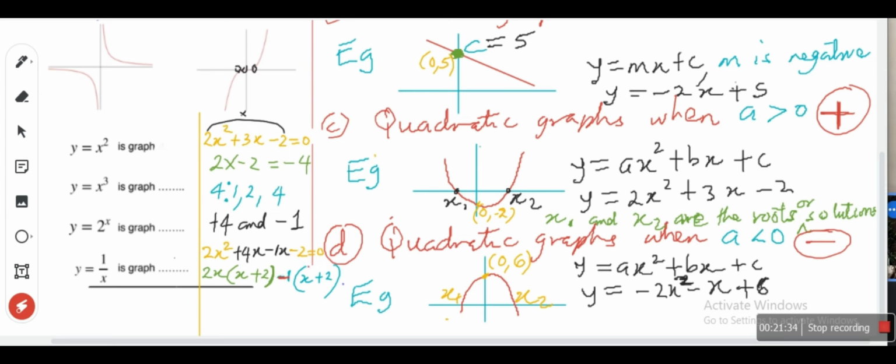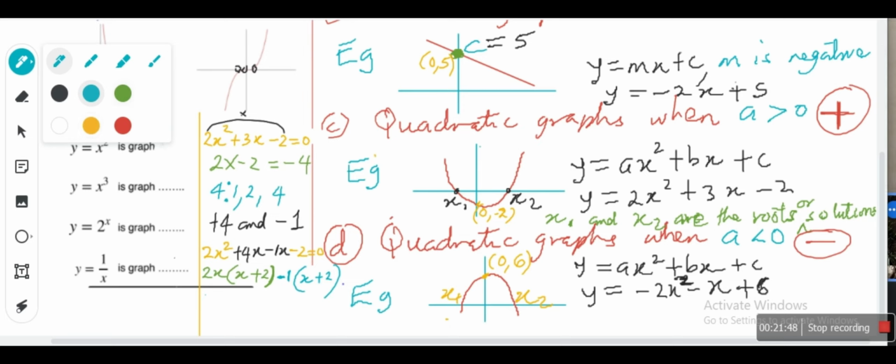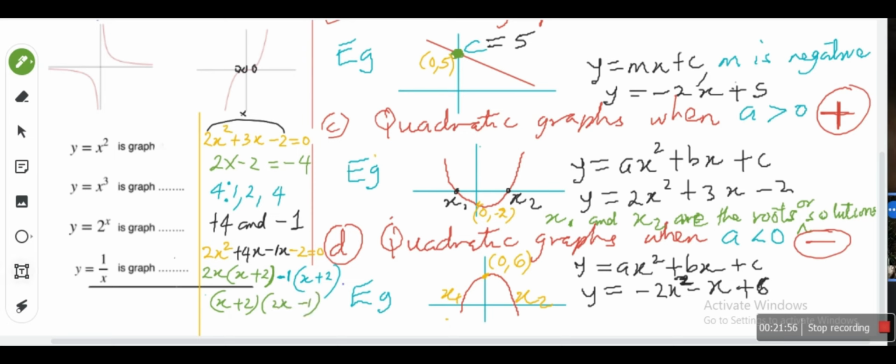Once we have both together, we pick 2x minus 1 and x plus 2. We did this in the previous lesson anyway. Pick the similar bracket, x plus 2, and then the ones outside, 2x and minus 1.